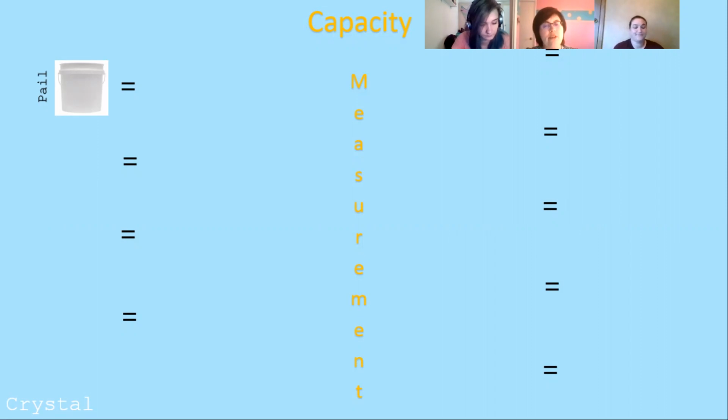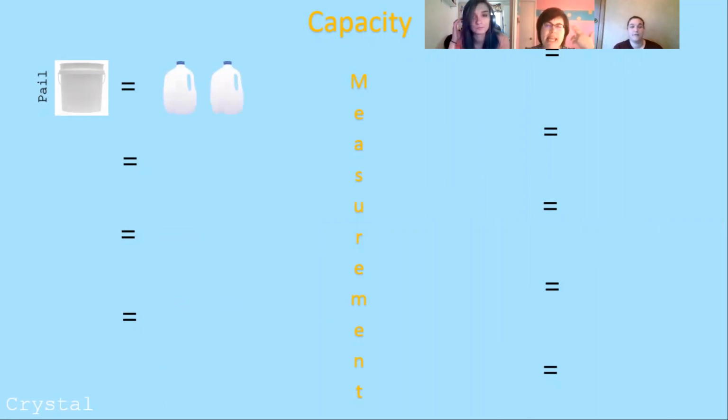So, when we hear the word double, we automatically think times 2. And that is essentially what's happening here. We're going to look at each unit of measure, and it has 2 of a different unit inside of that unit. So let's begin with the pail. 1 pail is equal to 2 gallons.